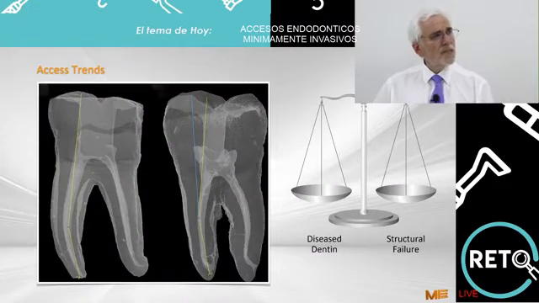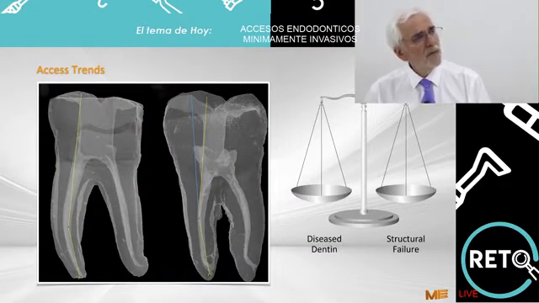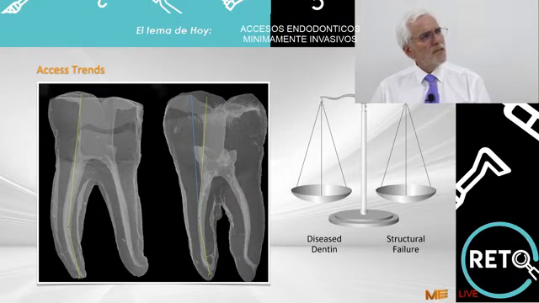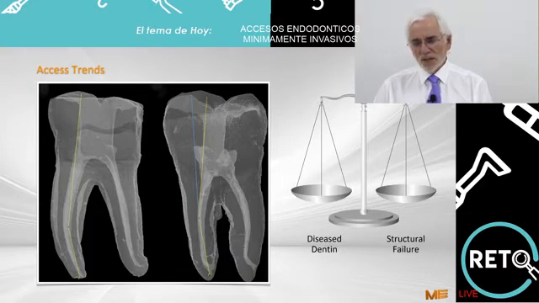You're looking at micro CTs that were done, I'm not sure what was in them, but regardless, it's a very effective way of demonstrating, once again, the difference between traditional and conservative access cavity preparations. So you have to find the balance between structural failure, diseased dentin, and find out what you have to remove and what you have to preserve in order to ensure that you're not causing a problem.